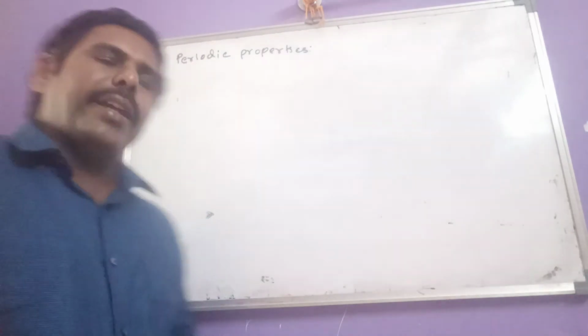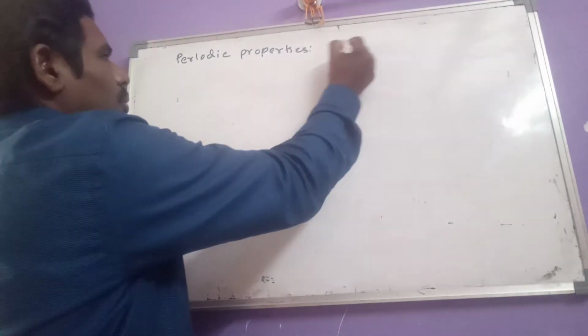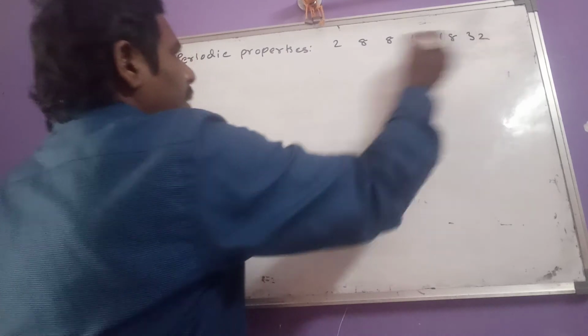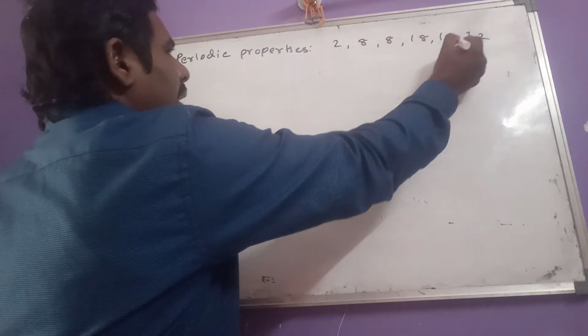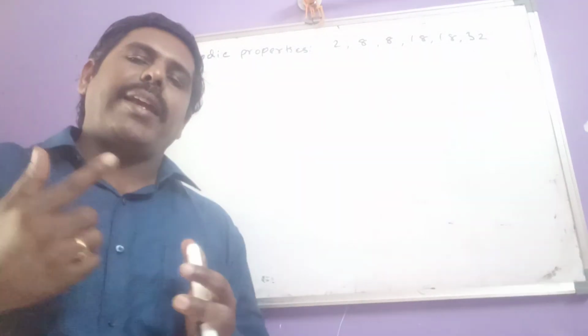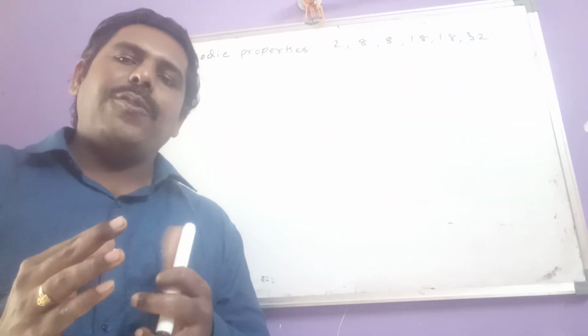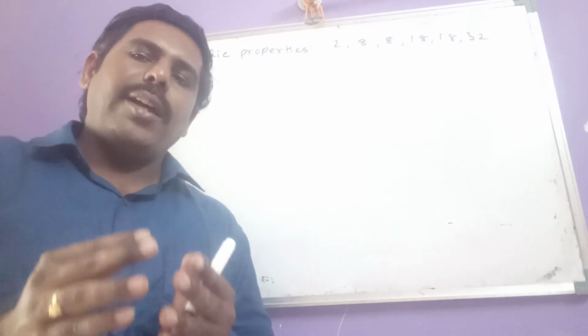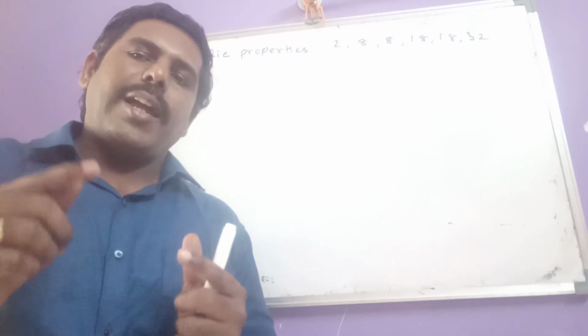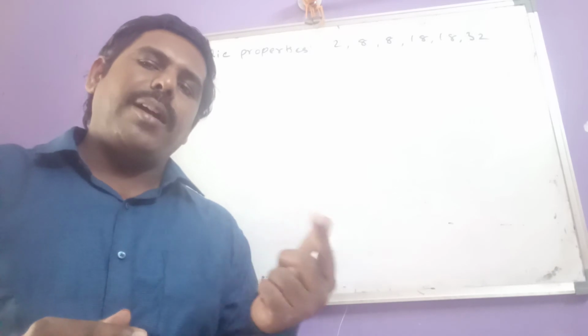What are the regular intervals? 2, 8, 8, 18, 18, 32. At these regular intervals, the same property repeats again and again. That trend of repetition at regular intervals is known as periodicity, and those properties are called periodic properties.